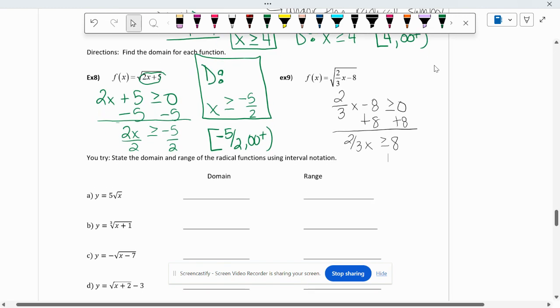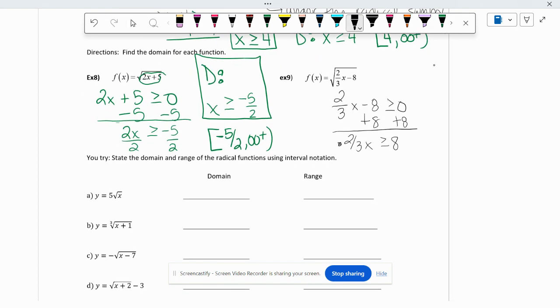To get rid of that, I multiply both sides by the reciprocal. That means that x is greater than or equal to 8 times 3 is 24, divided by 2 is 12. So my domain, x is greater than or equal to 12, and in interval notation, 12, comma, positive infinity.